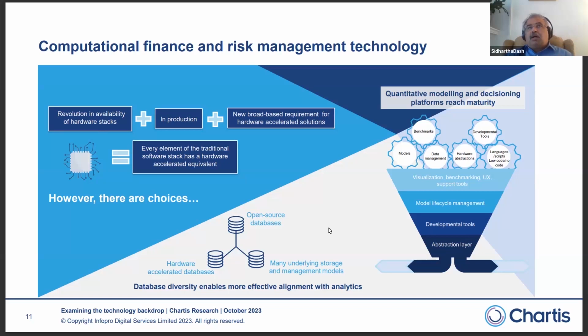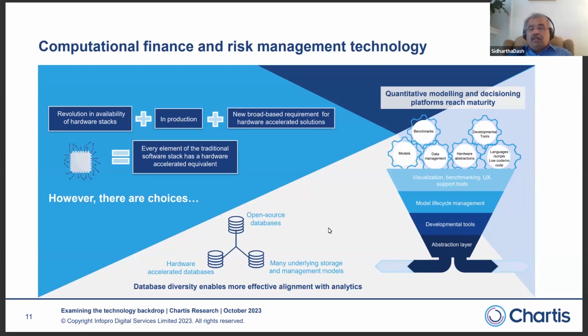Indeed, we would argue that every element of the traditional software stack has a hardware accelerated equivalent today. And this really gives rise to interesting options on how quantitative analysts need to write their algorithms, how risk analysts need to think about their algorithms. And these are not the only options.